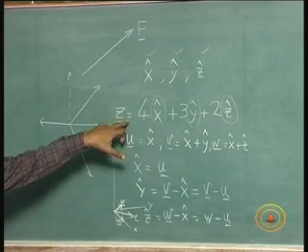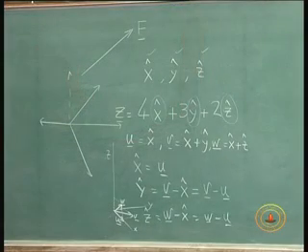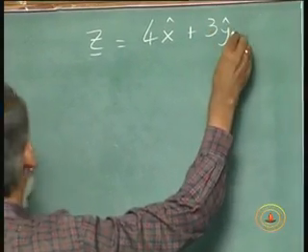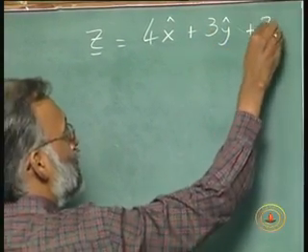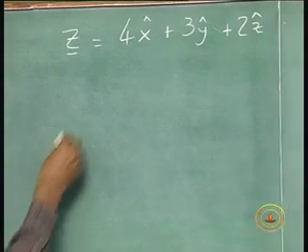So, then I will try to write what z is. Let me write what it was earlier. Z was 4 x hat plus 3 y hat plus 2 z hat. But I have expressions for what these are.